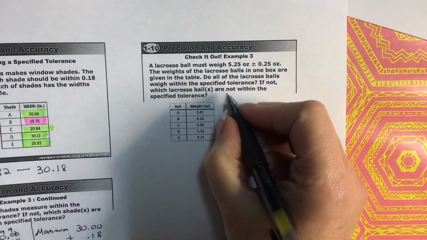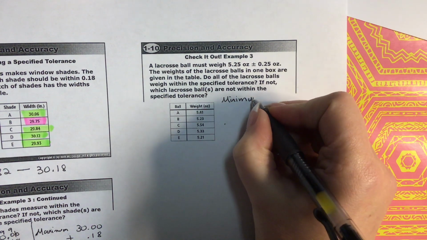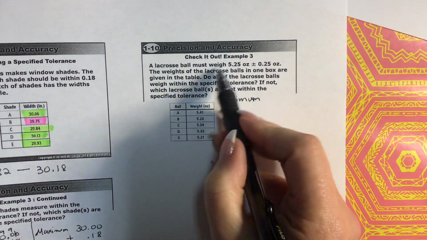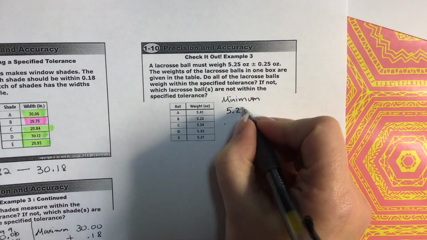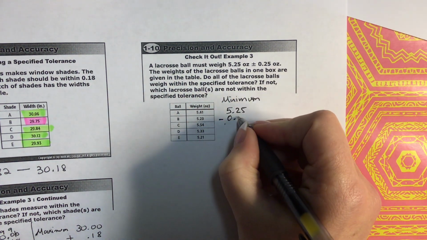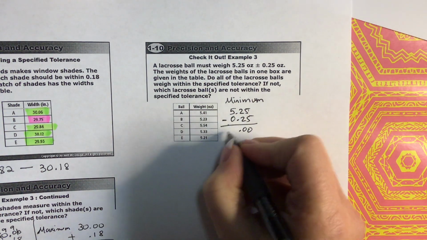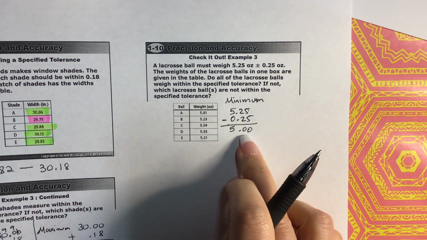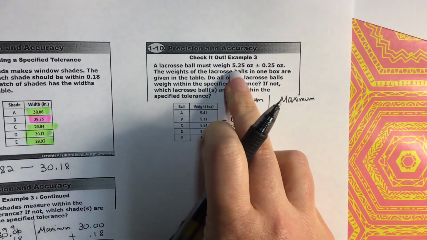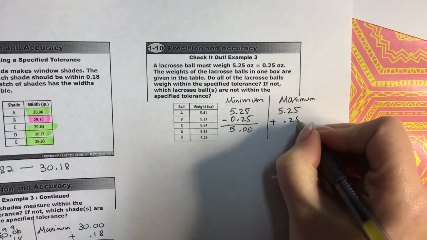So again, we want to figure out what the minimum value is and what the maximum value is. Let's figure out the minimum value first. This is the perfect value, 5.25, and we're going to subtract this here, and that's 5.00. So the minimum value is just 5, and the maximum value would be 5.25 plus 0.25.